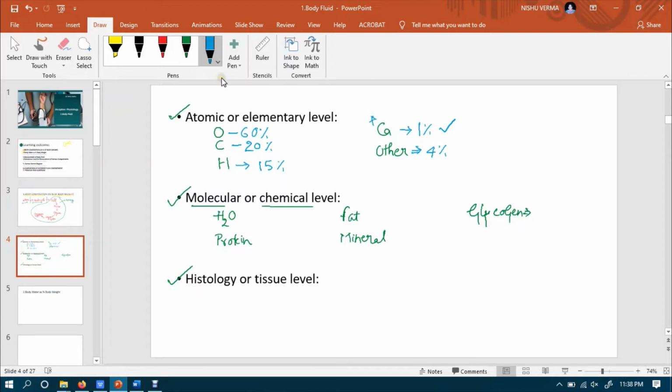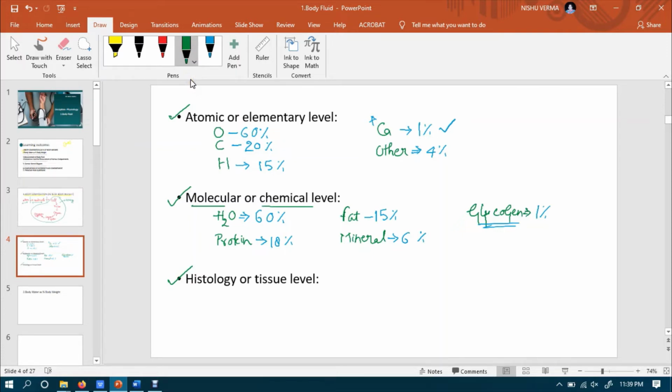Here we consider what percentage each contributes to our body weight. Water contributes 60% of the body weight, protein contributes 18%, fat contributes 15%, and minerals contribute 6%. Surprisingly, glycogen contributes only 1% of our body weight, and it is the basis and requirement for our body's energy.